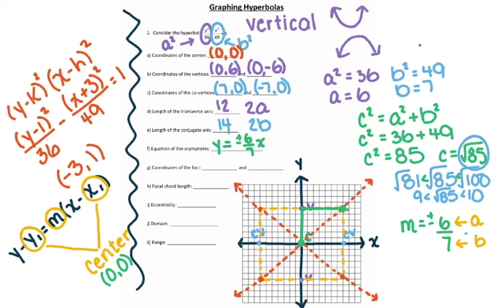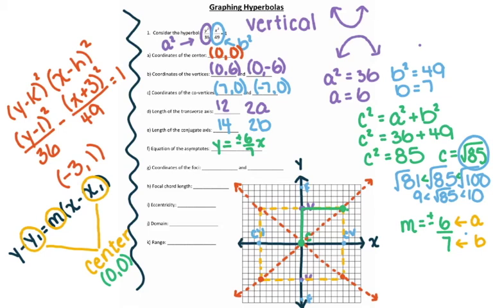So I'm just going to count like 9.5 boxes. Again, it's just to show you so you can see what it looks like. Somewhere around there. That's one focus. And then this is the other.